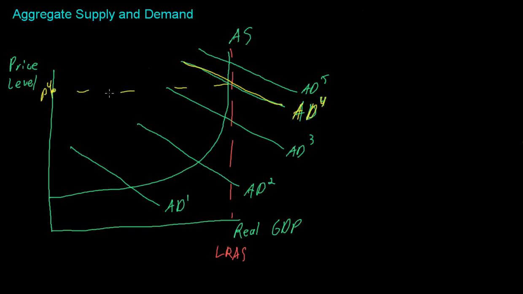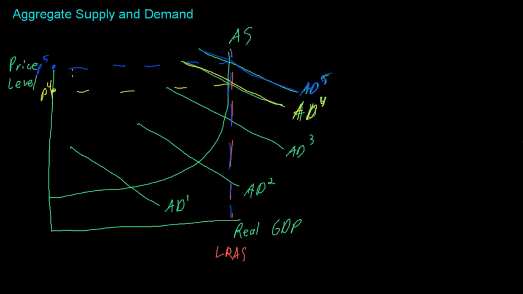Then if we go up to the next aggregate demand line, AD5, we still have the exact same level of production. We're still at this long run aggregate supply level. We haven't increased the amount supplied or the amount consumed at all, but the price level is higher. So here we're at P5, which is obviously higher than P4.